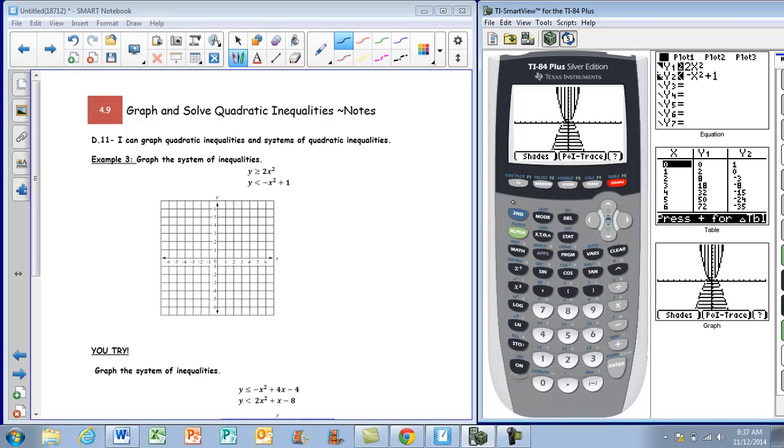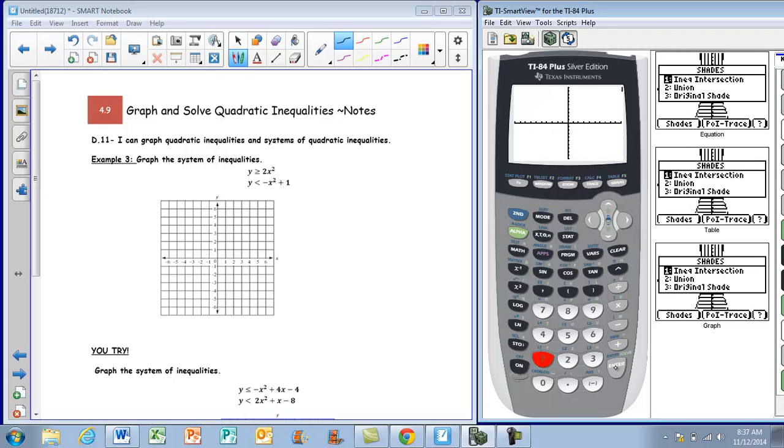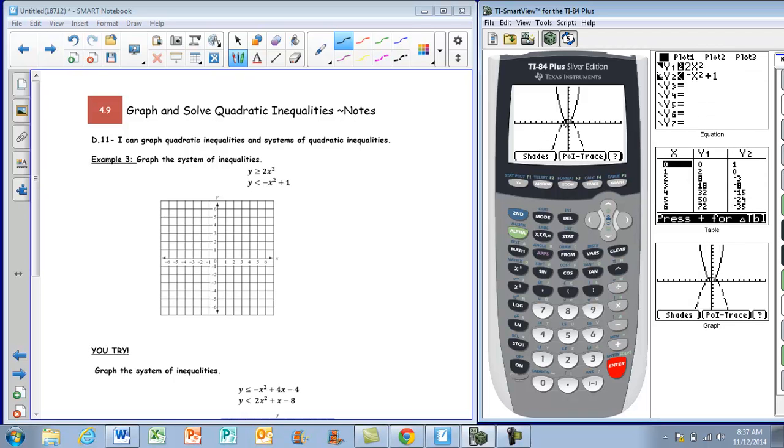So if I go to my alpha shade, so alpha y equals, remember if you hit 1, it'll eliminate and only show that little bit of overlap. So if we take a look here, this is still kind of tough to see, but the shading actually happens in this little section here.